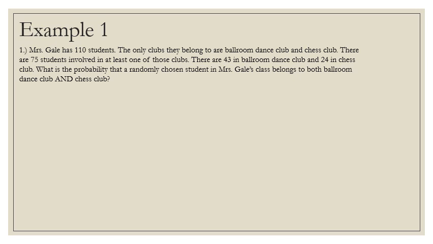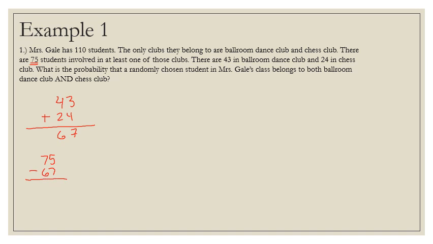All right, so remember what we need is the total. We want the total of who would belong to both clubs, okay? So we have 43 in ballroom dance club and 24 in chess club, right? So if we add this up, we get 67. Now, it says right here, there are 75 students involved in at least one. So there are 75 minus the 67 that are in either one.